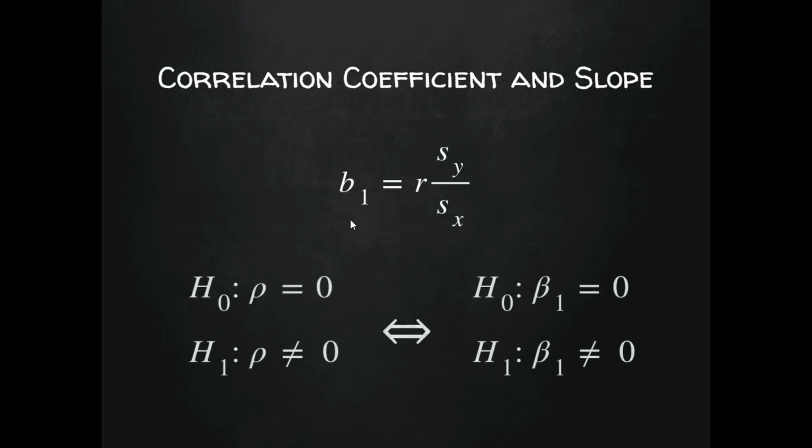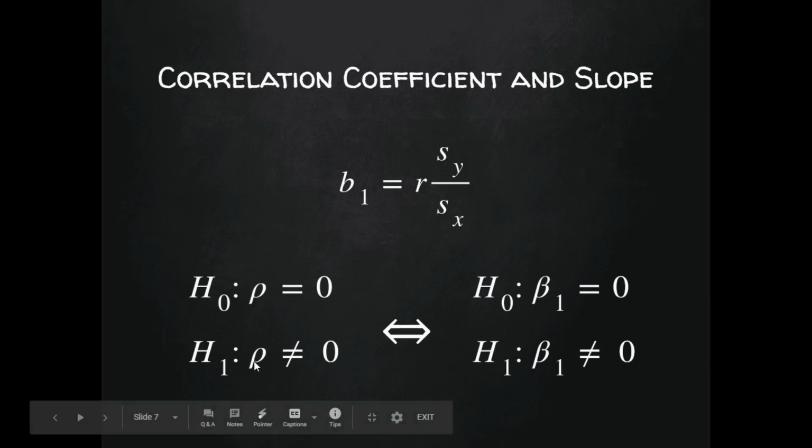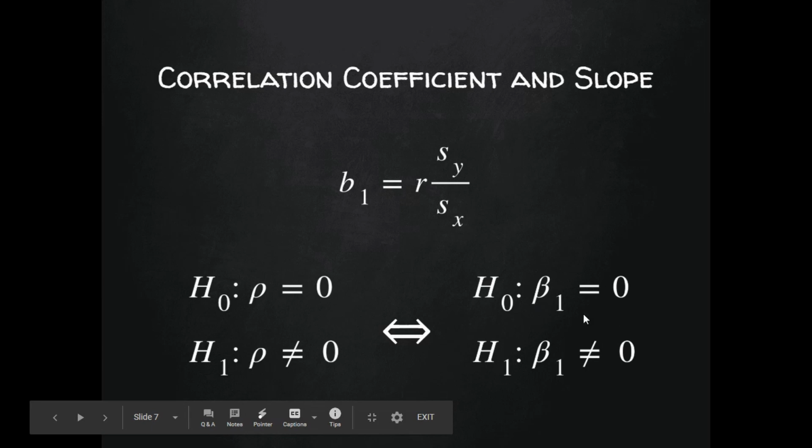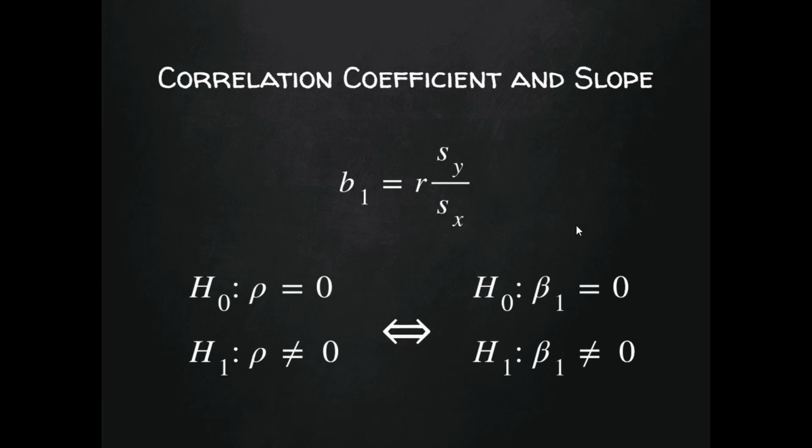So when we run hypothesis tests on the correlation coefficient, when we're saying rho equals 0 or rho does not equal 0, that is equivalent to saying the slope equals 0 or the slope does not equal 0. These are equivalent statements. As we run the test on rho, we're going to see that a lot of the times in StatCrunch, they're actually discussing it in terms of the slope. But since these are equivalent, we can use those numbers anyway.